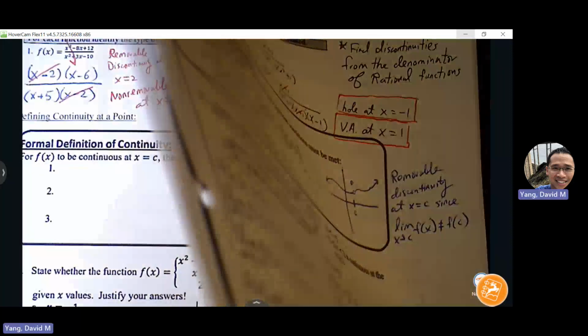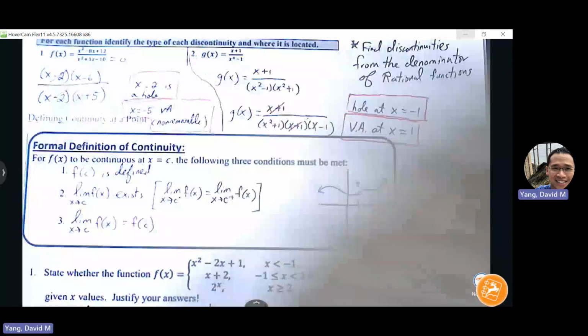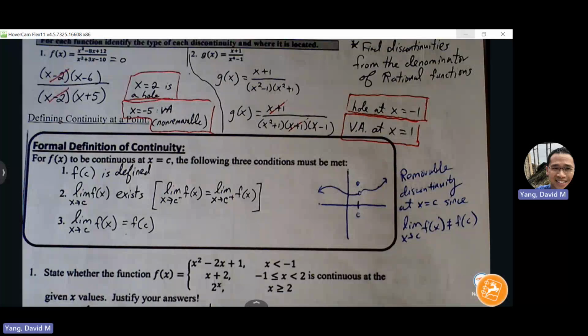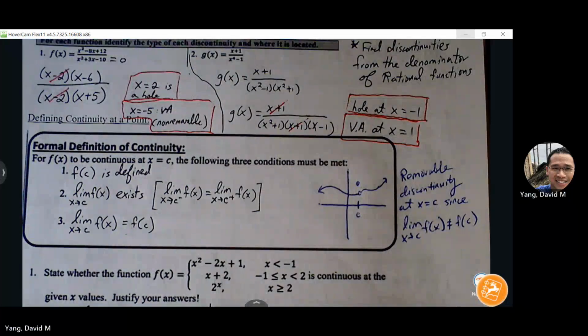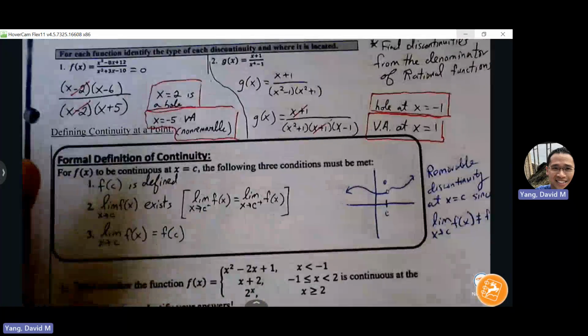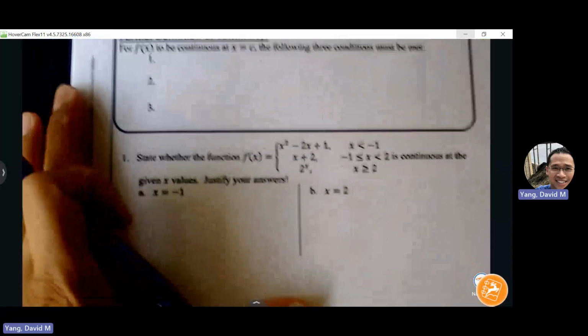Okay, so let's do number 1 and see if we can practice going through each of the conditions as we work through this problem. Sorry if I did not provide you ample space to do all your work, but let's see if we can squeeze this in.